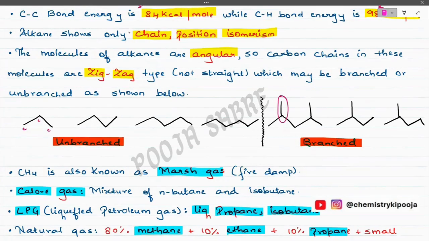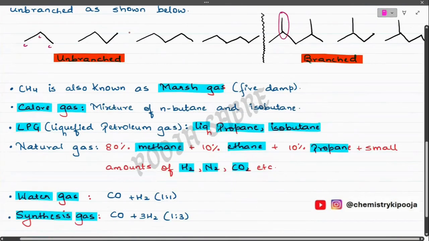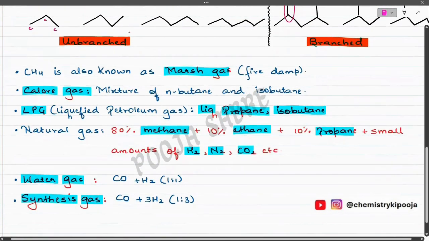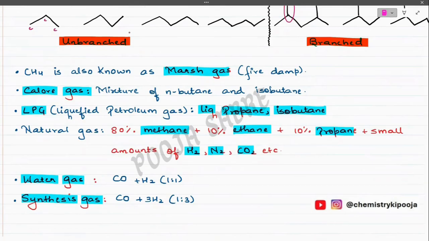Now, let us quickly have a few more points about alkane. CH4, which is called methane, is also known as marsh gas, fire damp. Calor gas is basically the mixture of n-butane and isobutane. LPG, which is also called liquefied petroleum gas, is nothing but liquid propane and isobutane.